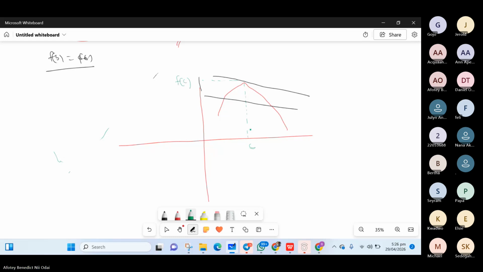Now let's call this point A, and let's call this point B. So this becomes our f(a), and this point becomes our f(b).